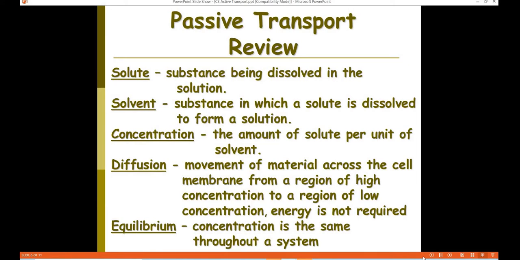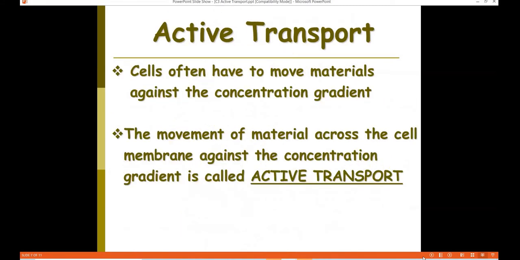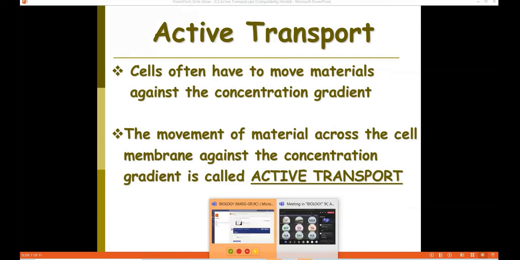So energy is not required. All right, and also the equilibrium is maintained, the concentration is the same throughout till an equilibrium is reached, the osmosis or the diffusion takes place, right?